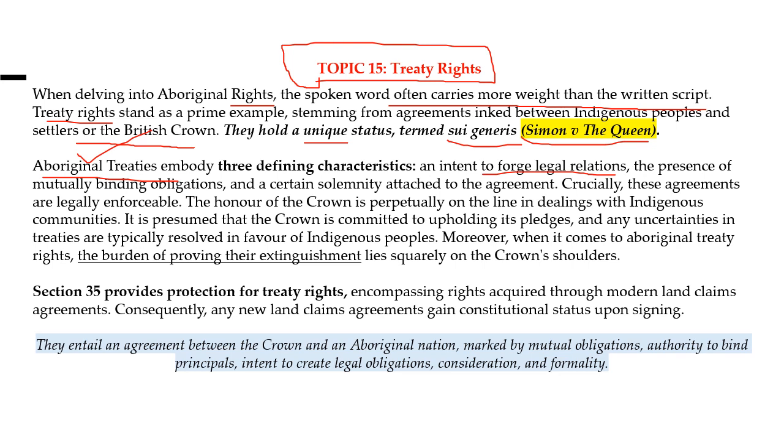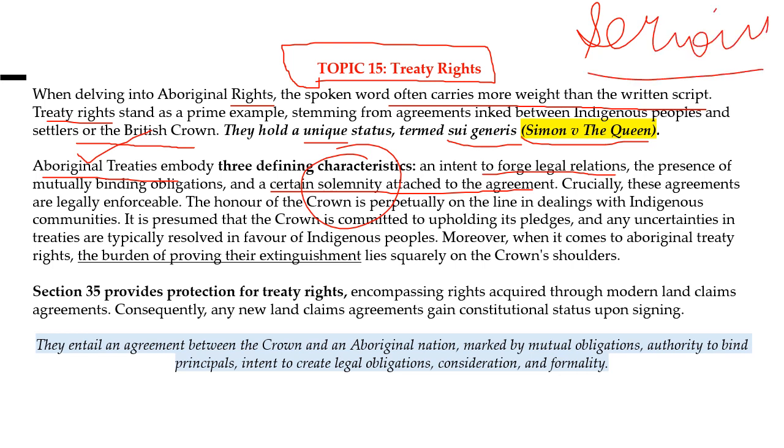Whatever has been mentioned in the agreement, after they have signed this treaty, they both have to go by that only. Then a certain solemnity attached to the agreement. Solemnity means something serious. This treaty has to be taken seriously and with dignity.